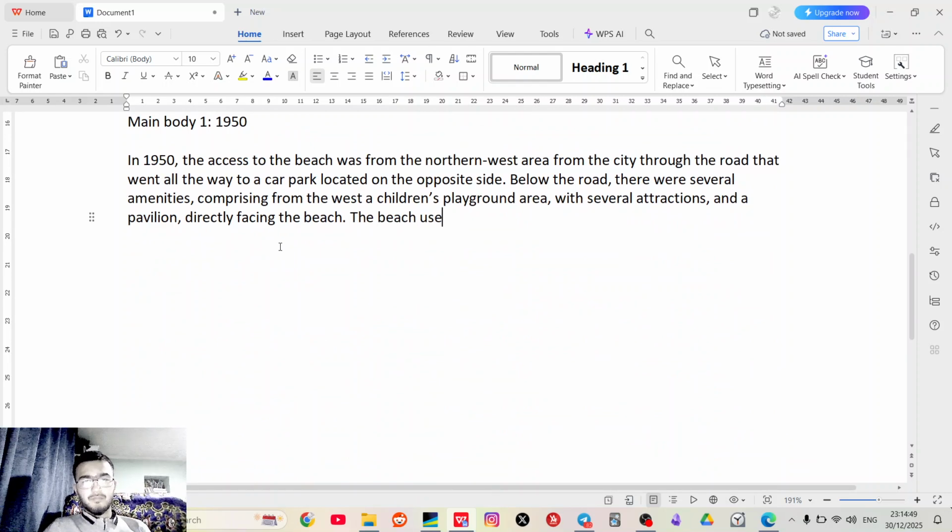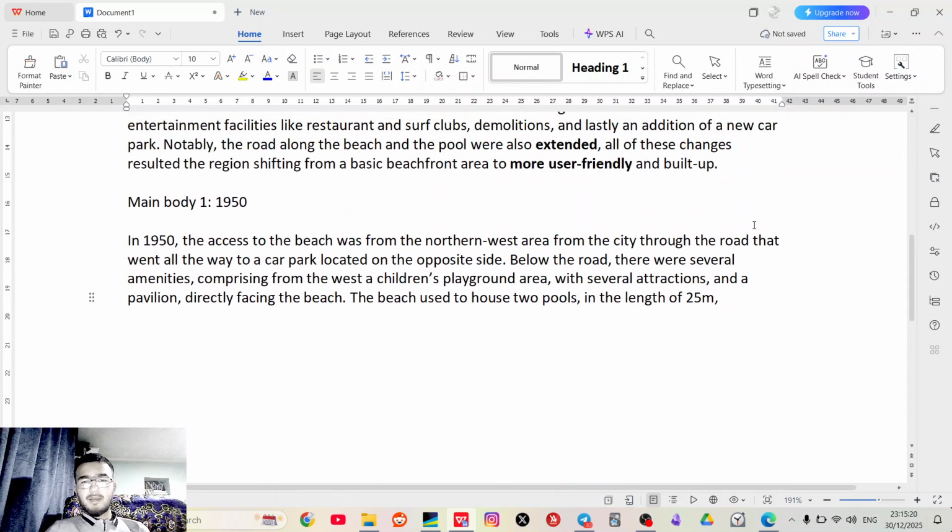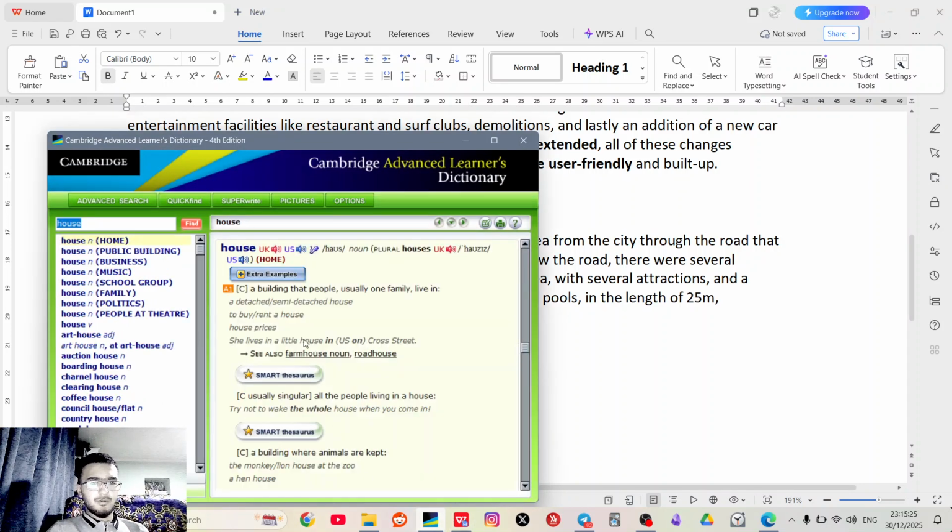The beach used to house two pools in lengths of 25 meters. The beach used to house, so house, I guess, is a really useful word.